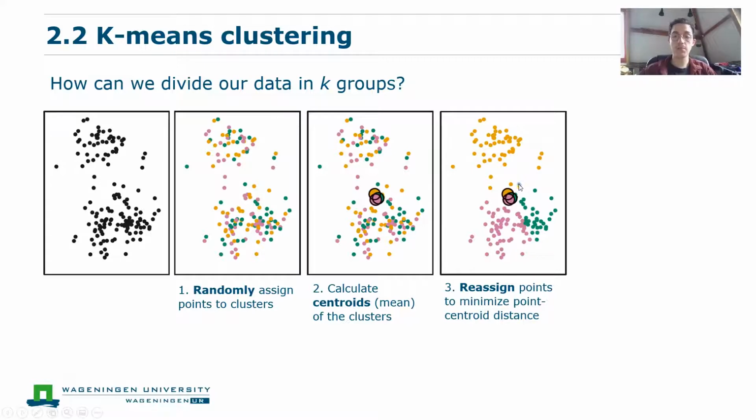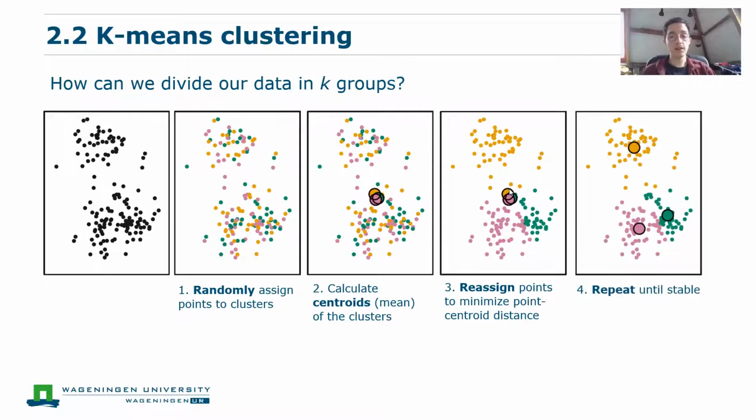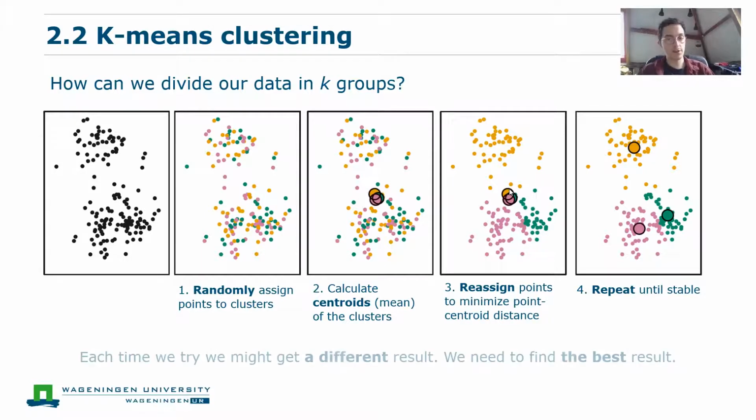So that means that the points will become part of the cluster that they are closest to. Finally, you recalculate the centroids and then you reassign points, and you repeat this process until the situation is stable. Now, one thing to note here is that we start from a random start, and therefore the end that we achieve might be different every time.